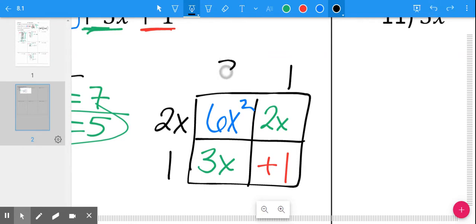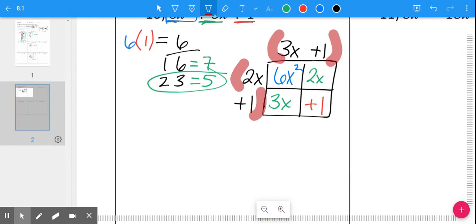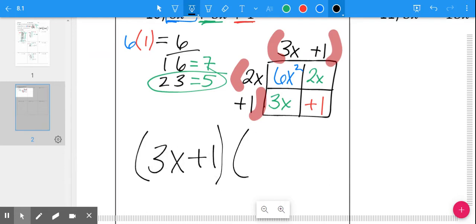I multiply by 3x. So there's your two binomials. We have 3x plus 1 and 2x plus 1.